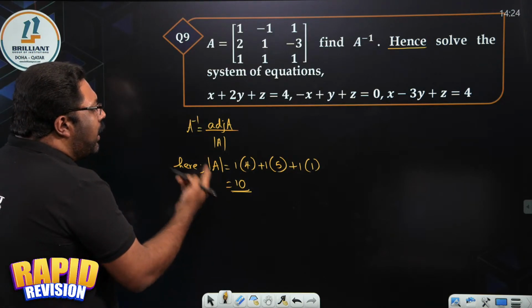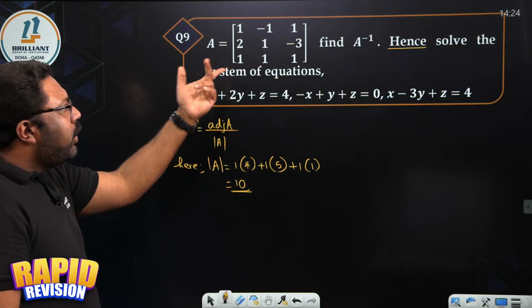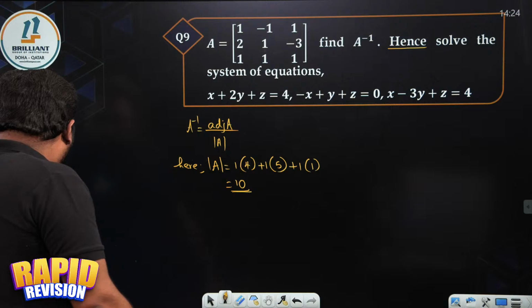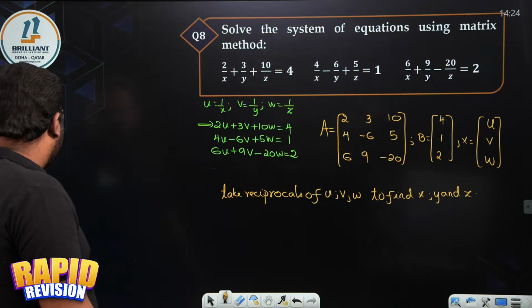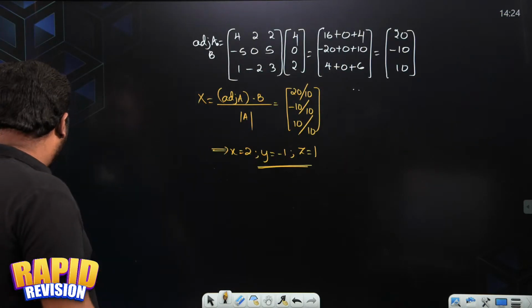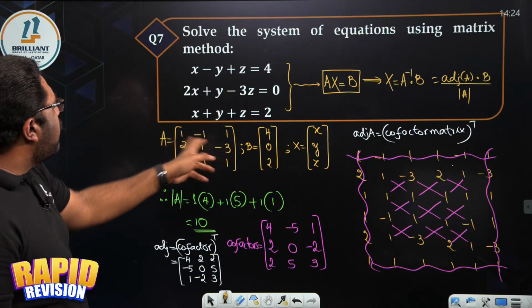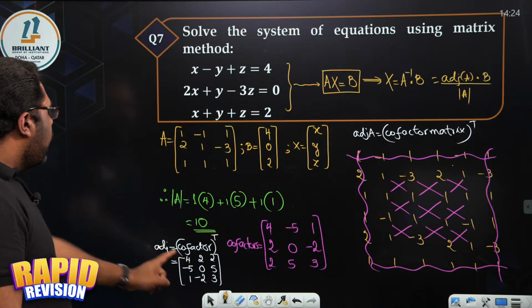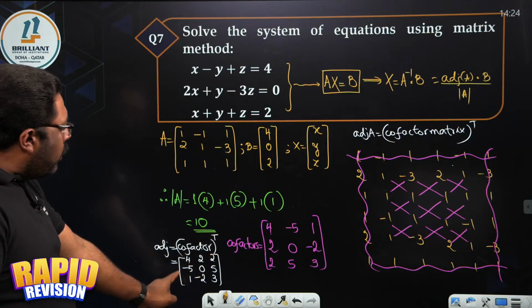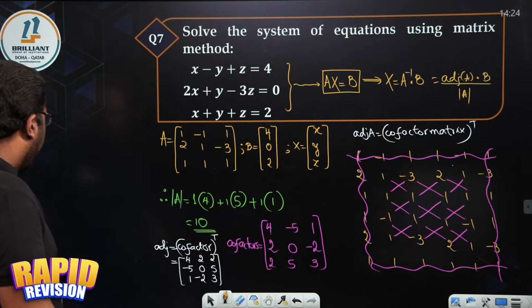And to find the inverse, we already know how to do this. I'm going to check that inverse, not wasting my time. For the same matrix, 1 minus 1, 2, 1 minus 3, 1, 1, 1, the adjoint is 4, 2, 2, minus 5, 0, 5, 1 minus 2, 3.